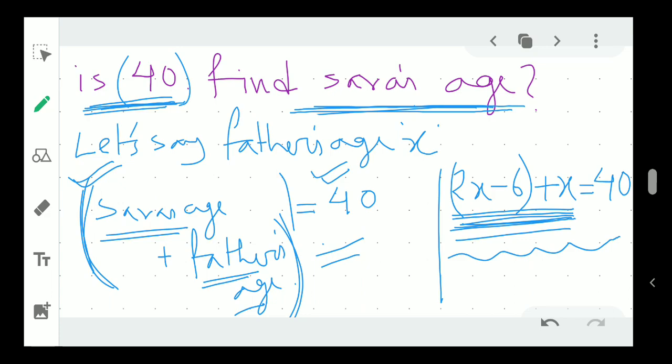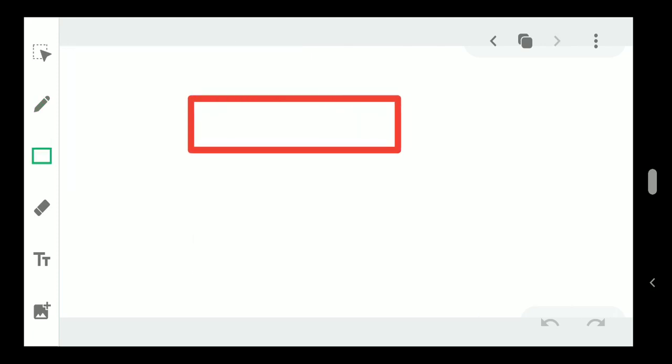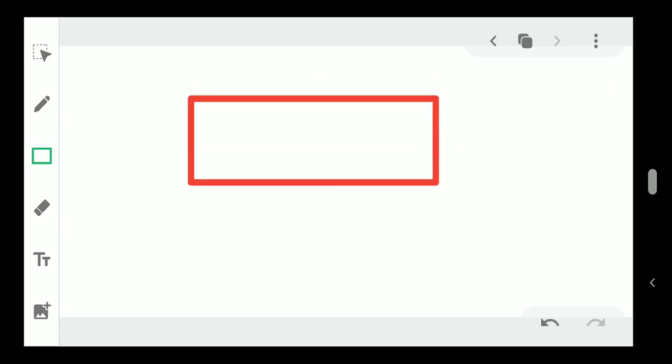Okay, fine. Let us solve one more question so that it will be very easy for us. This time I am giving a very easy question. Let's say you have a rectangle like this, and in the rectangle, this side is x plus 5 and this side is x.